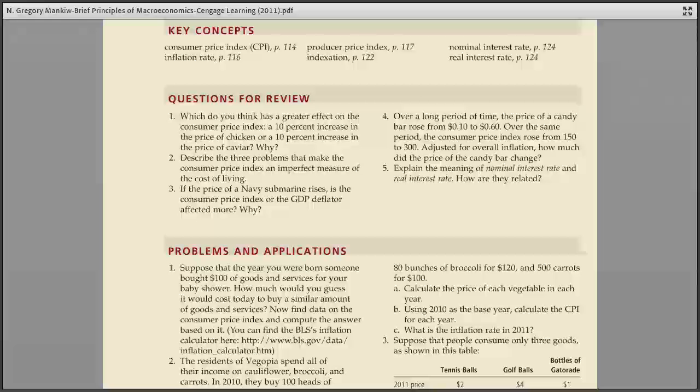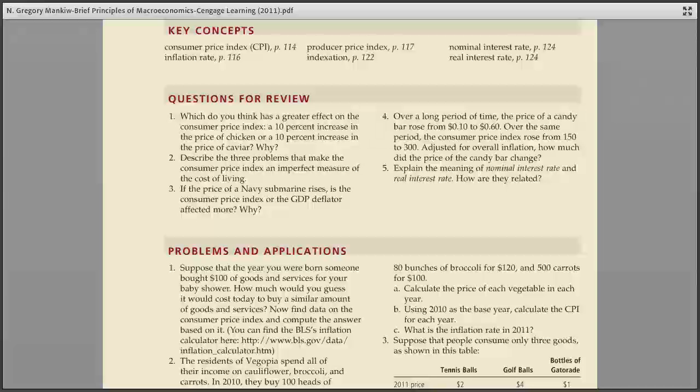Third one, unmeasured quality change. When quality changes and prices also change, the government does not measure the quality. That's why we have three main problems, which decrease the reliability of calculations of the CPI or basket. Again, let's repeat: substitution bias, introduction of new goods, and unmeasured quality change.